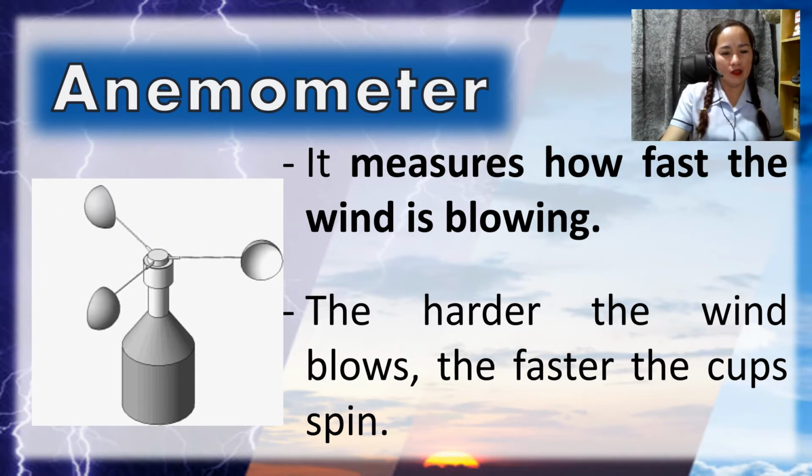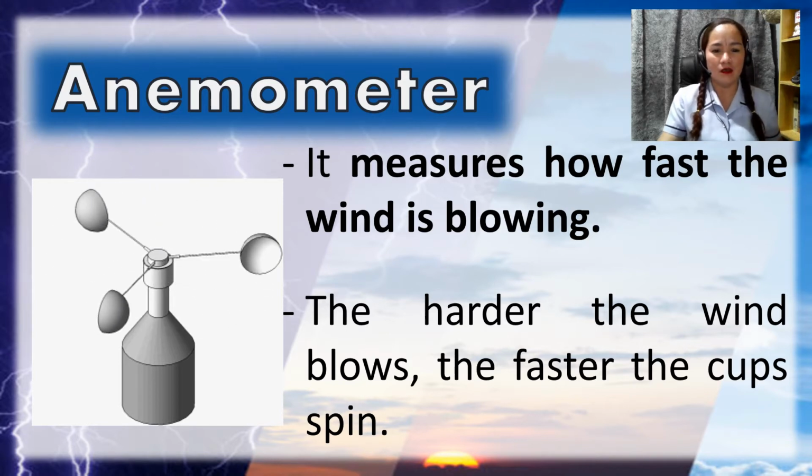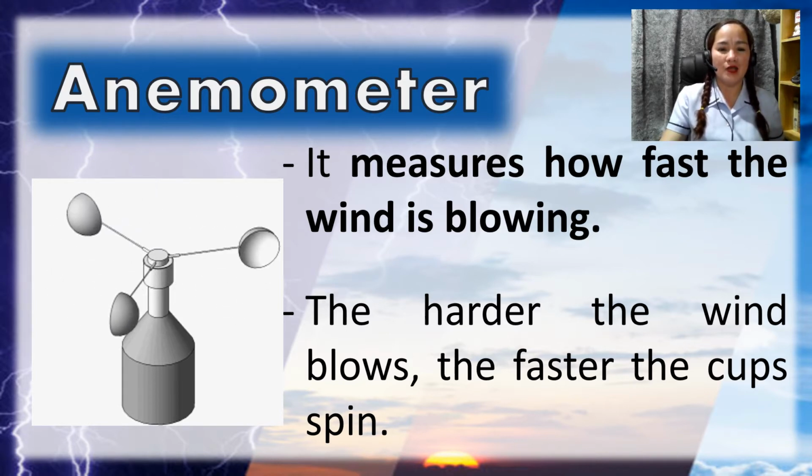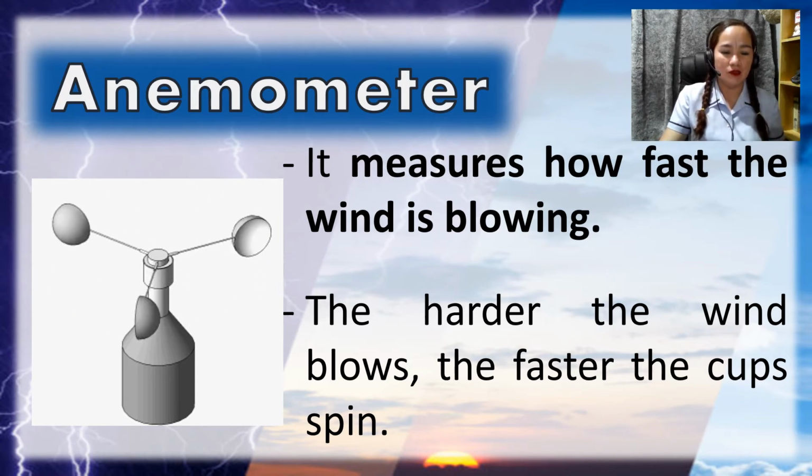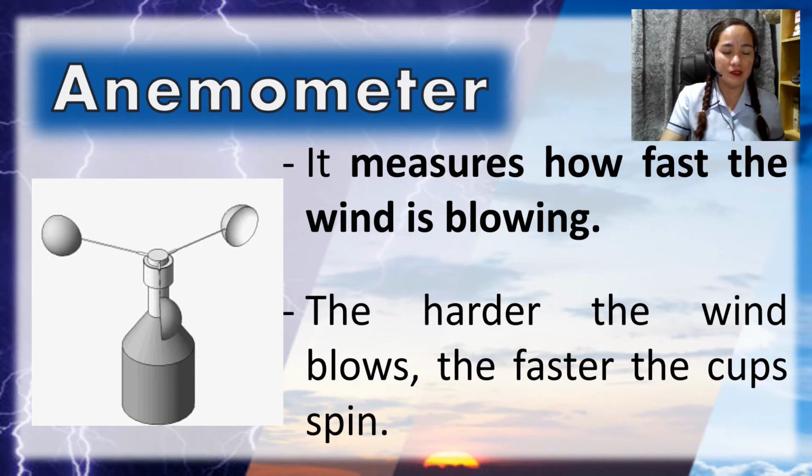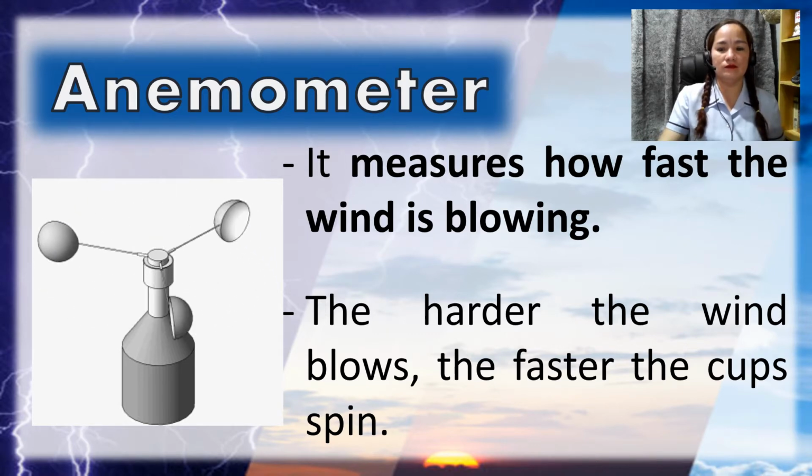So how are you going to measure the wind here? You count the number of times the reference cup makes a complete revolution around the axis in a minute. So if you see the cups moving, you will count how many times they turn in a minute.